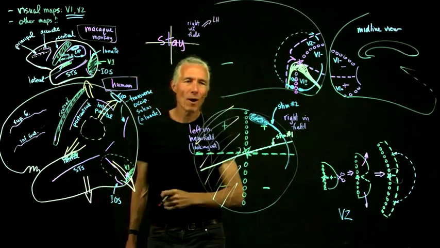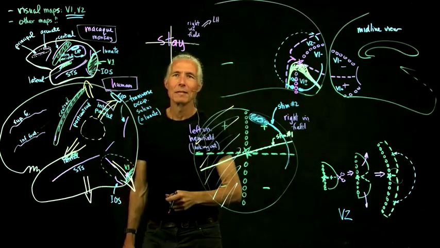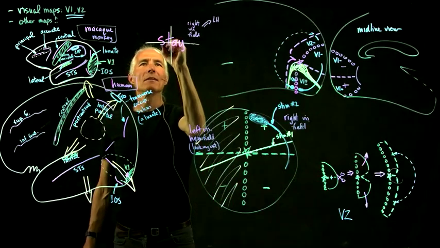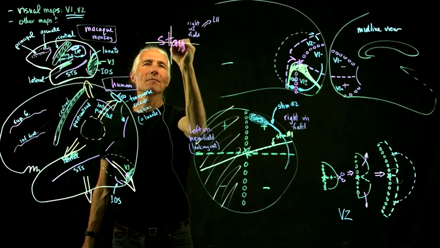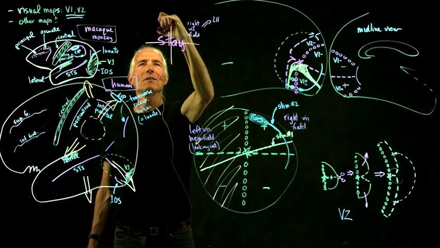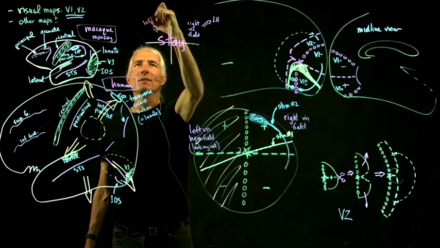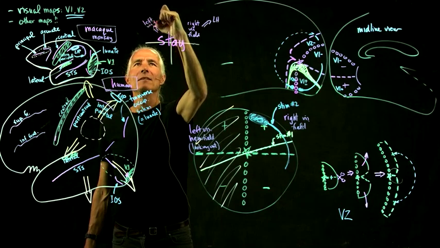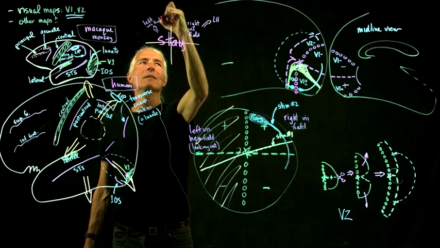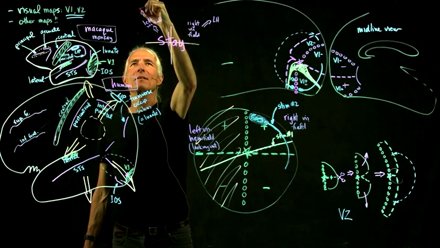So the AY is going to go into the left hemisphere, and then the ST, except for this part here, most of the ST is in the left visual field, and that's going to go into the right hemisphere.